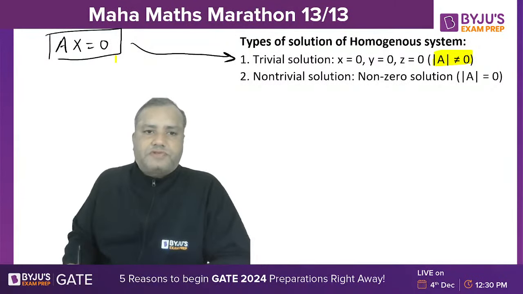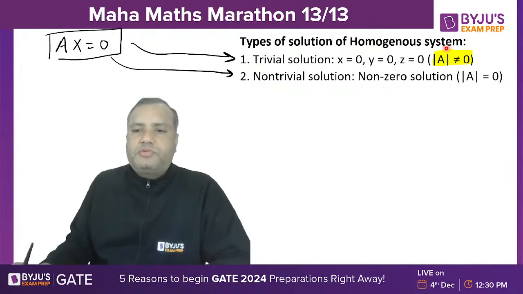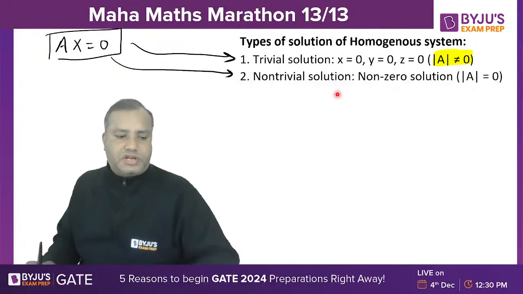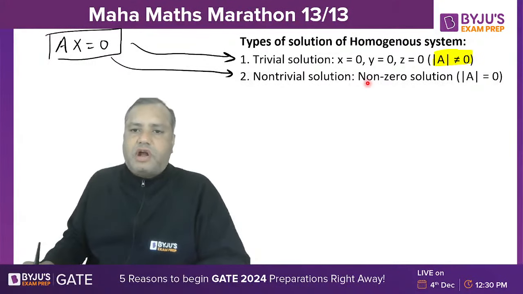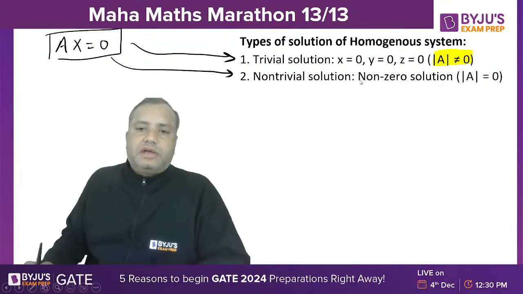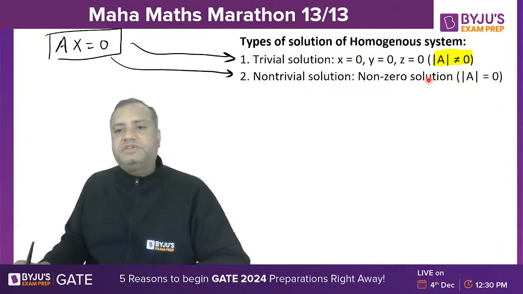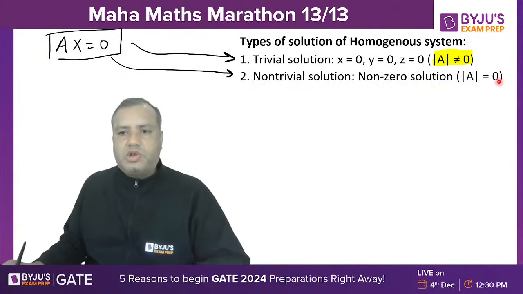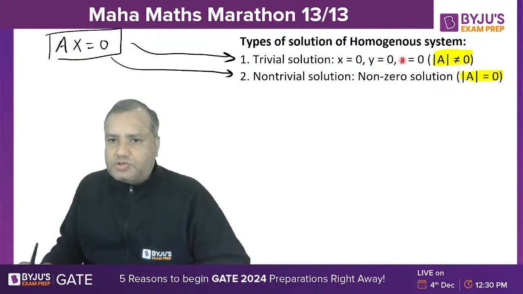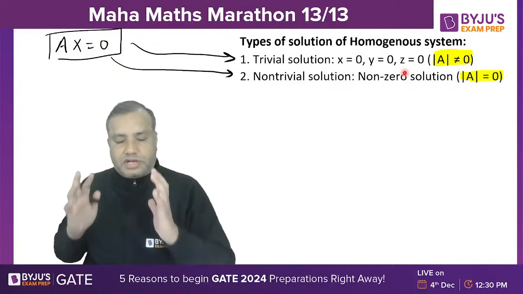Another type of solution for a homogeneous system is the non-trivial solution. Non-trivial solution means non-zero solution. What is the condition for non-trivial solution? Determinant of A equal to 0. See here, trivial means zero solution, non-trivial means non-zero solution.